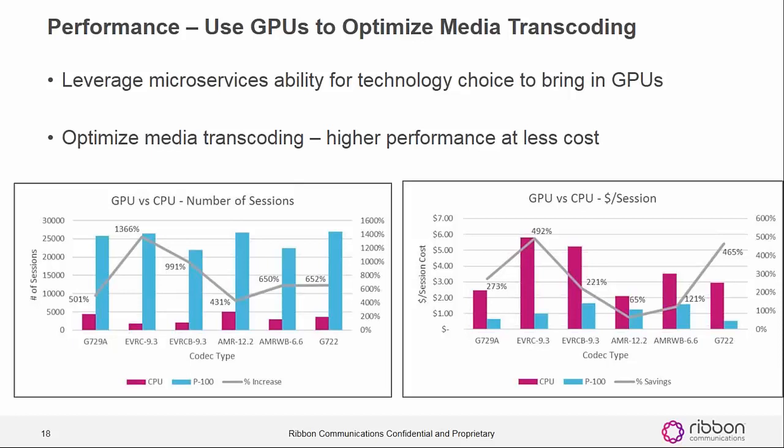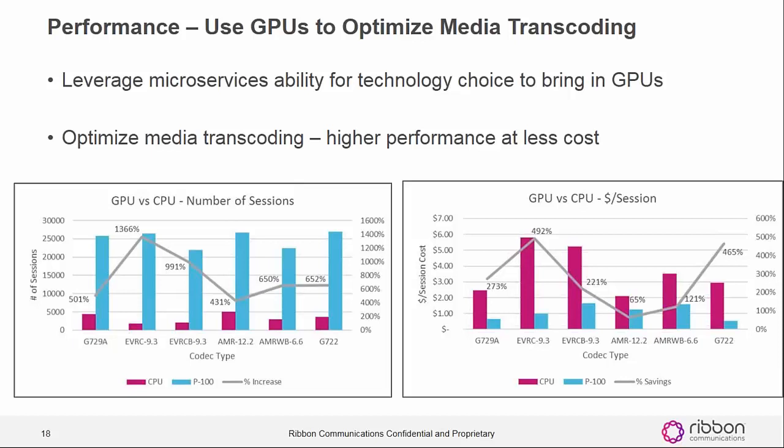And when we looked at GPUs, we realized pretty early on that there was a huge opportunity, because they're built to handle high volume, complex parallel processing. And media processing is one of the most complex processing items to do in a session border controller.